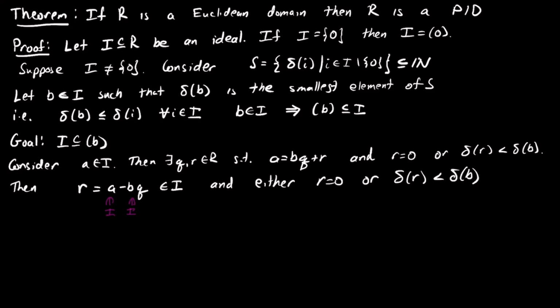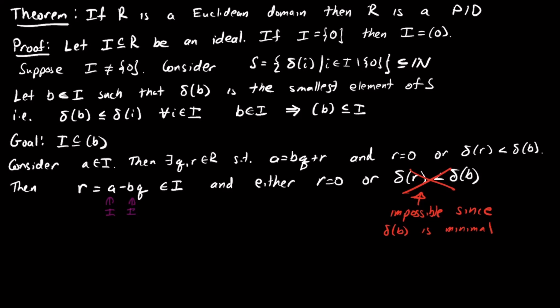The thing that I'll notice right away is that the second option is impossible, since delta of b is minimal. This is the smallest possible delta value that's given by an element of I. So I know that r is in I. It's impossible for delta of r to be less than delta of b because delta of b is minimal.